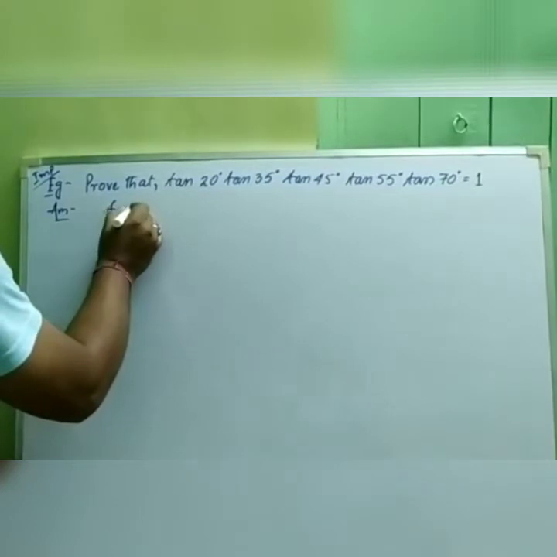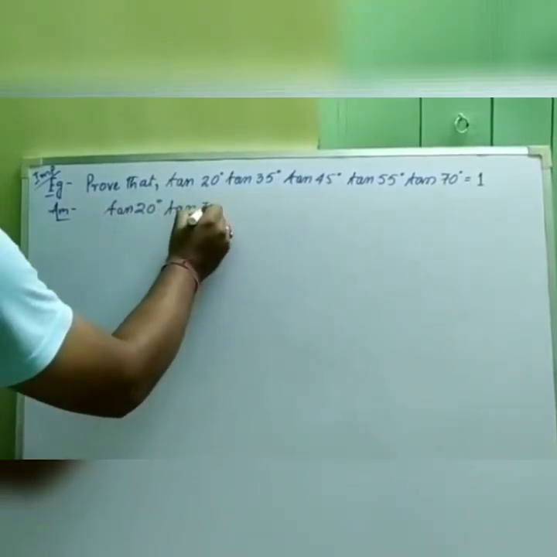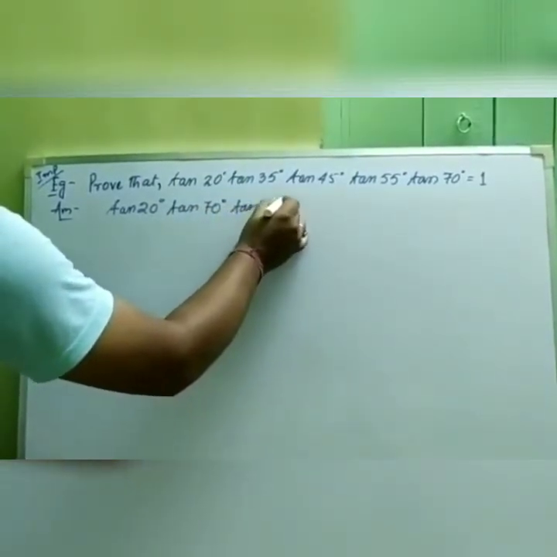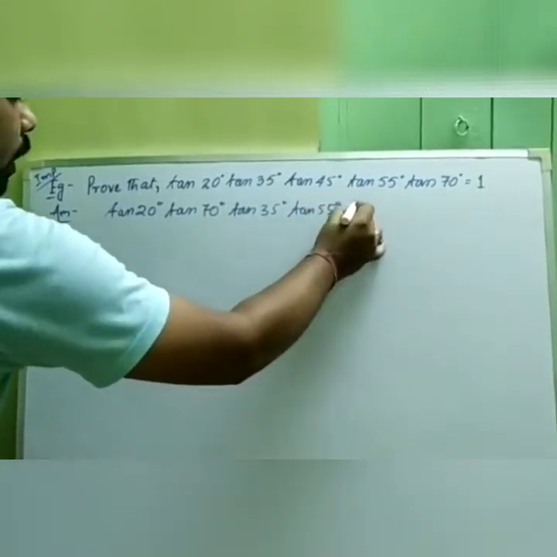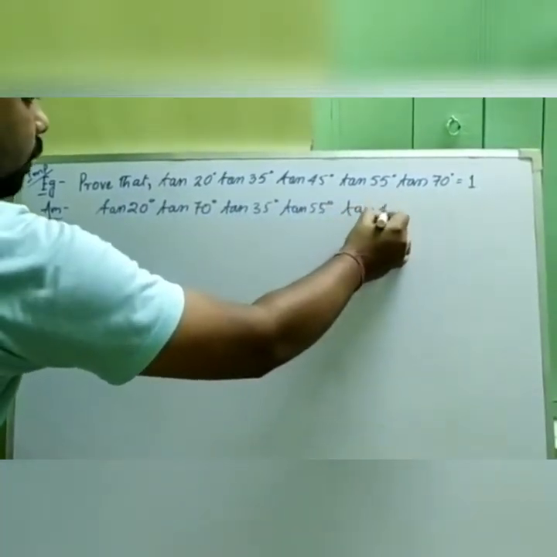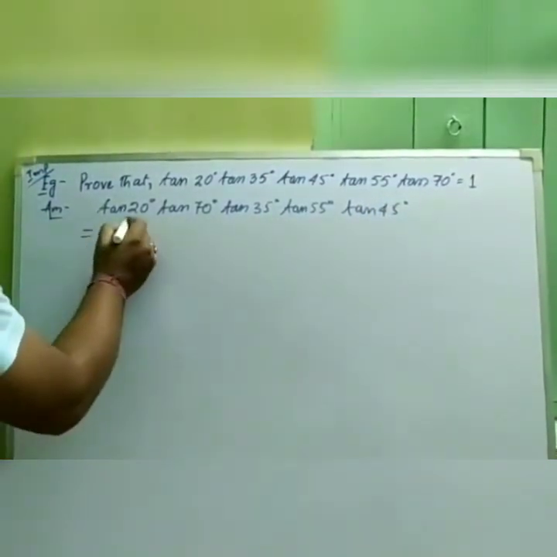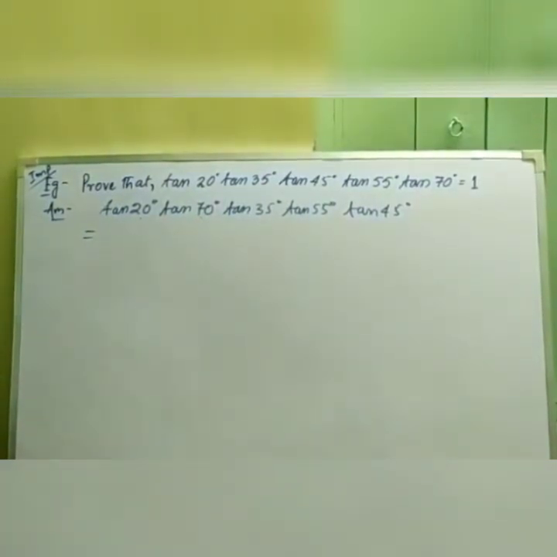Tan 20 degrees, tan 70 degrees, again tan 35 degrees, tan 55 degrees, and leaving tan 45 degrees because we know the value of tan 45. Now as 20 and 70 make 90, we will change only one angle.